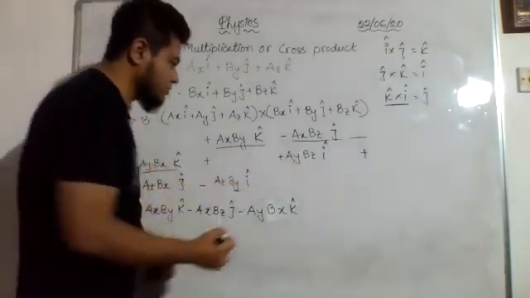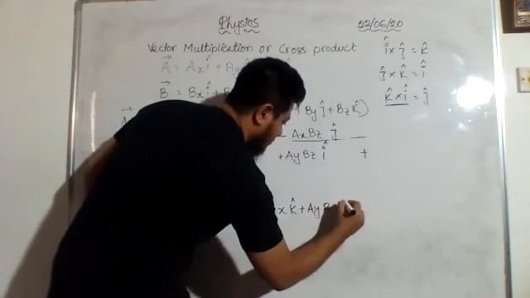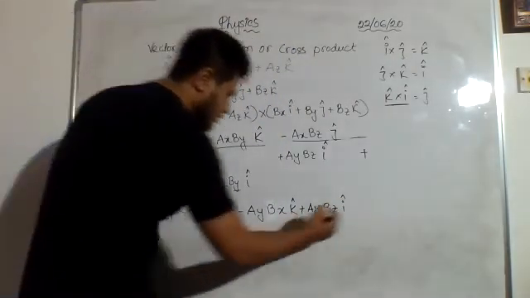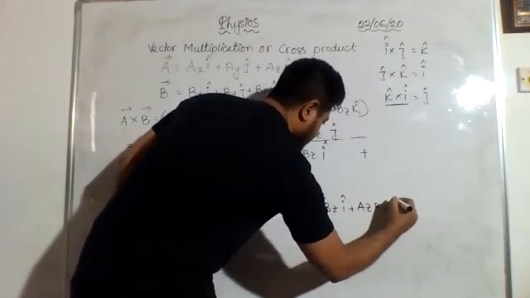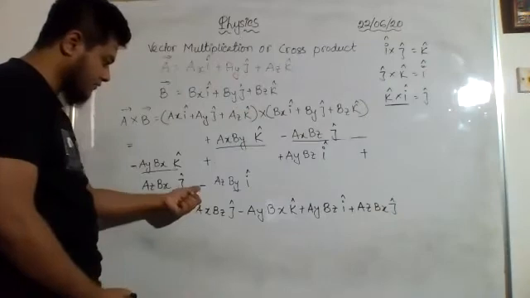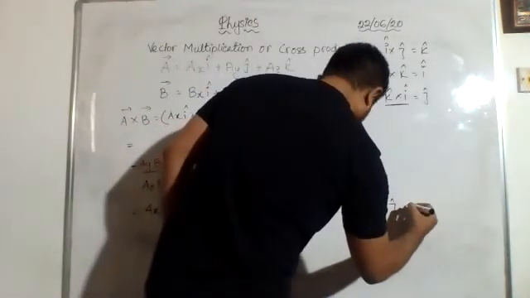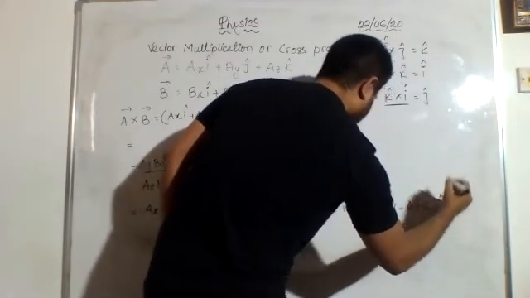Then we have ay bz i. Then we have az bx j, and the last one we have minus az by i.